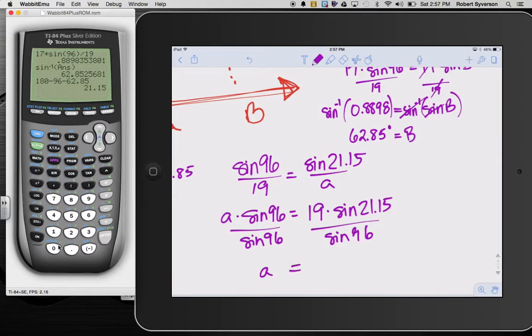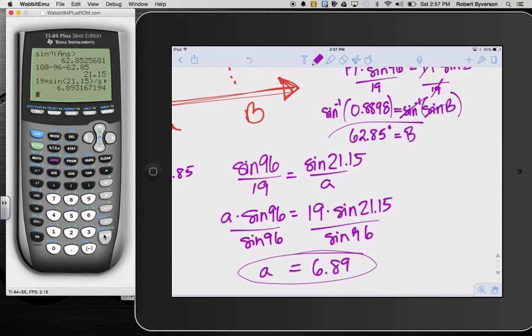Okay, so we have 19 times the sine of 21.15, close parentheses, divided by the sine of 96, close parentheses, and we get 6.89. 6.89 for my answer.